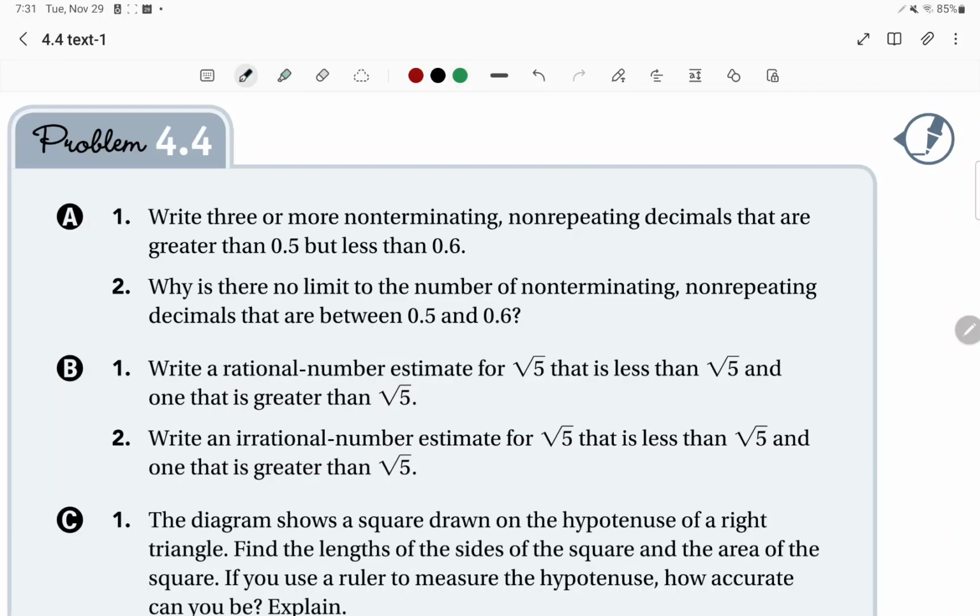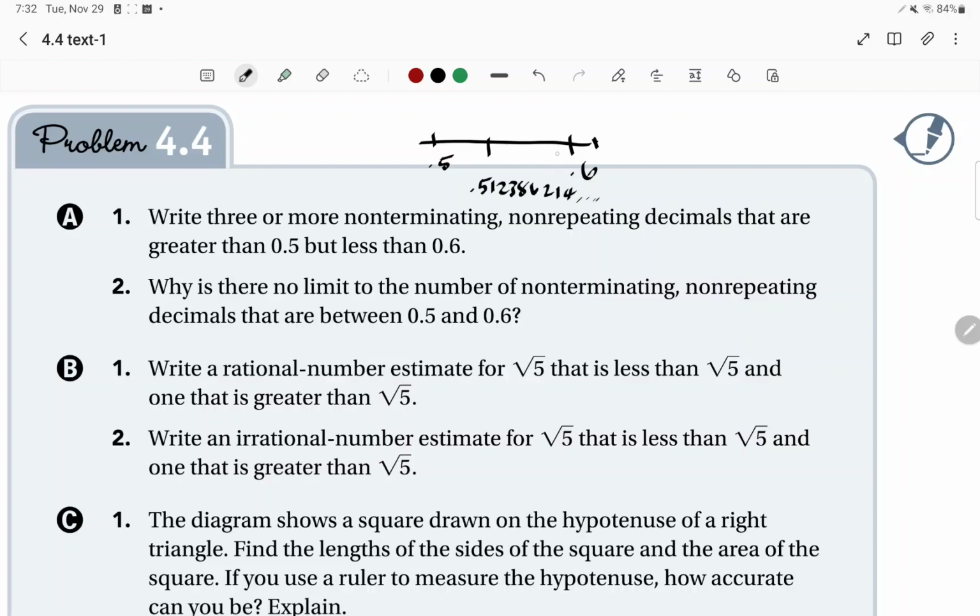Okay, so if you tried this on your own, here's our number line, here's 0.5, here's 0.6. It has to be somewhere in between. So for example, 3 or more non-terminating, non-repeating. So 0.51 will not work. But if you have 0.512386214, and so on, that's an example.